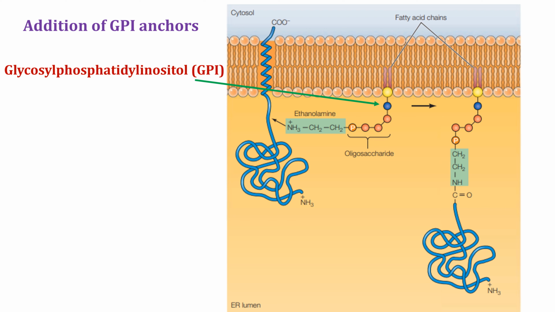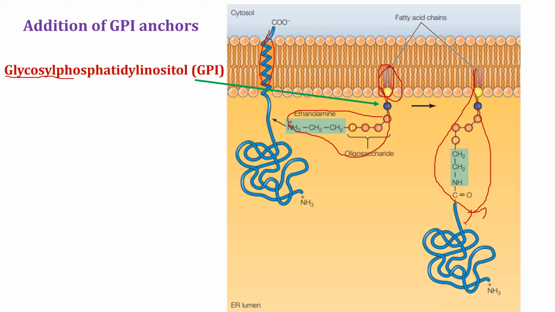This is the entire glycolipid structure, and the protein binds with the glycolipid rather than a membrane-spanning region. These membrane-anchoring glycolipids contain phosphatidylinositol, also called glycosyl phosphatidylinositol, which is called GPI.